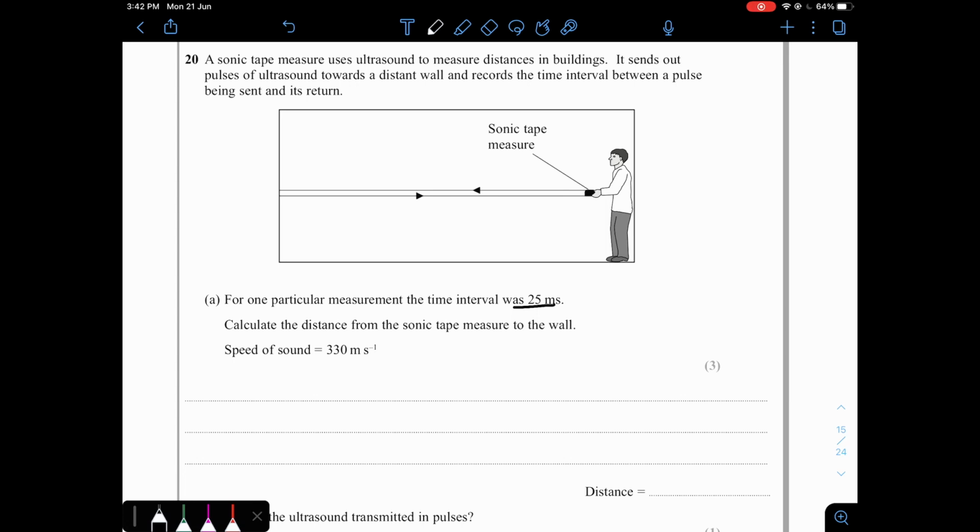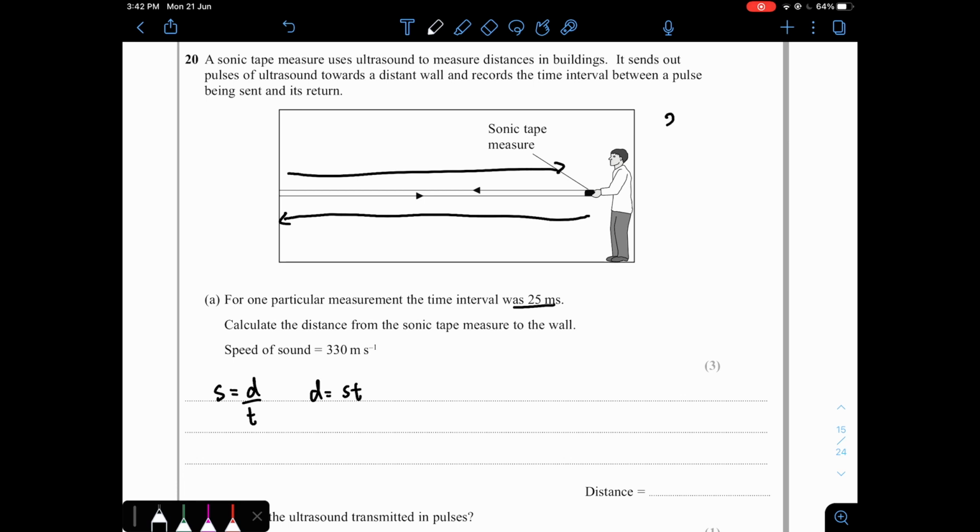Calculate the distance from the sonic tape measure to the wall. We know that speed equals distance over time, and we need to work out distance. Distance equals speed times time. But we also need to remember this time is for the pulse to go to the wall and to come back.